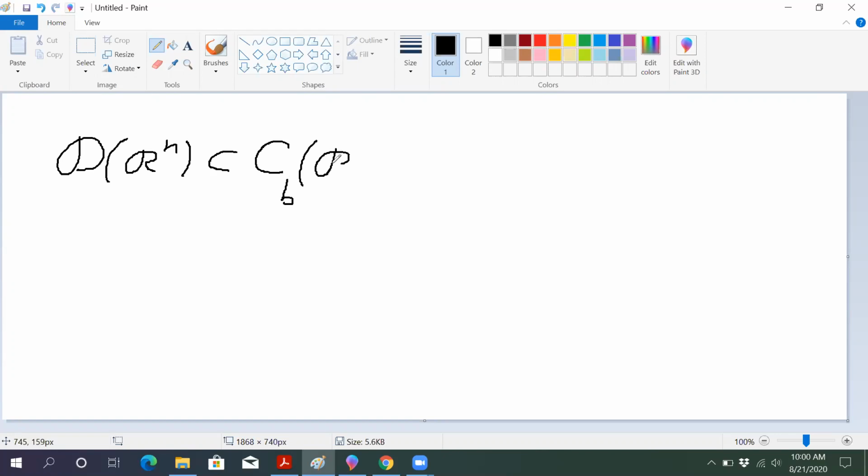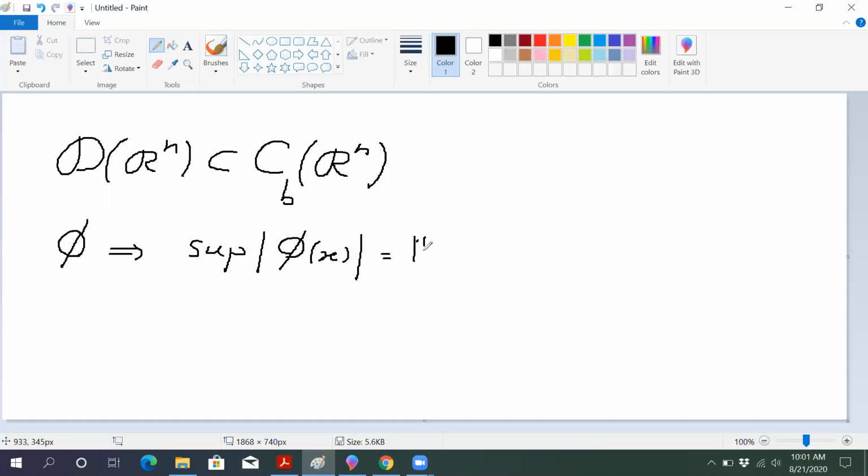And we know that C_b(R^n) is a Banach space with the supremum norm, okay? It means if we have a test function like phi, it definitely belongs to this. So if you remember, we said that this supremum exists. The supremum of phi x exists, right? Okay, because phi is an element of C_b(R^n). Actually, when you view phi as an element of C_b(R^n), this supremum is actually the norm of phi.